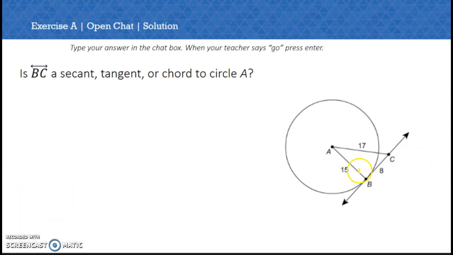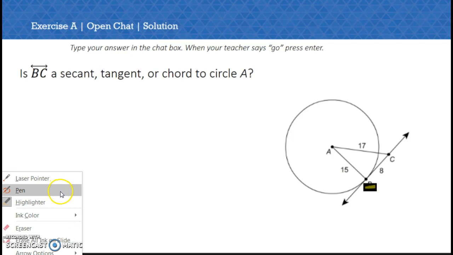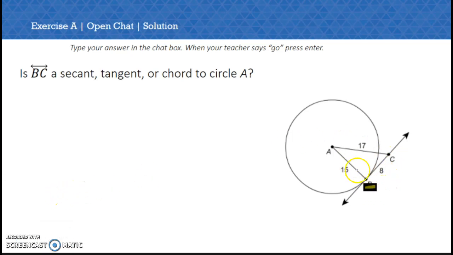It looks like it only touches the circle at B, but we need to be able to show that and prove it concretely. The only way to do that is to show that we actually have a right angle here. Well, how could we show that there's a right angle? Notice we have some lengths that look like triangle lengths here.